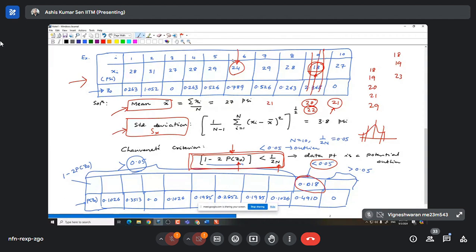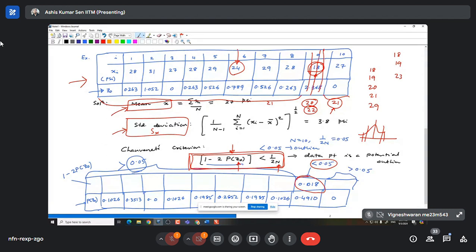So this process you continue until this condition is satisfied. That means it is not mandatory that after only one cycle of applying Chauvenet's criterion, the remaining data are all acceptable.